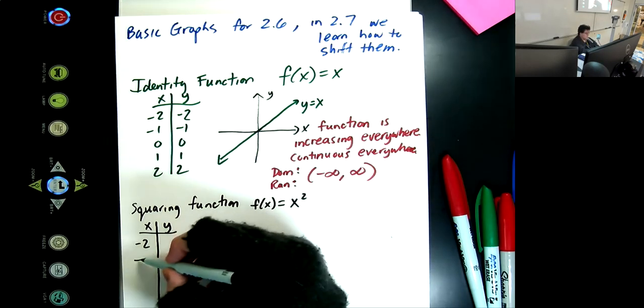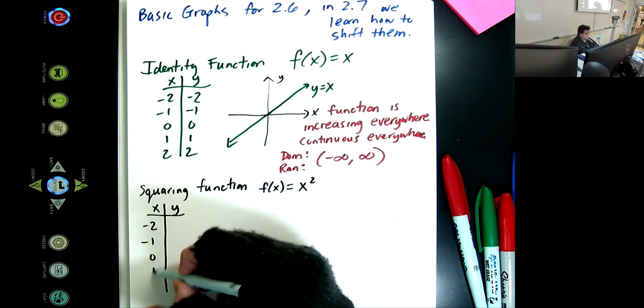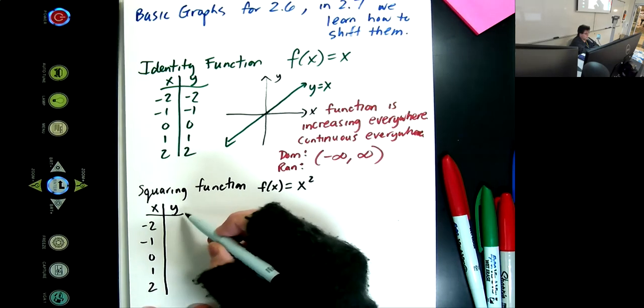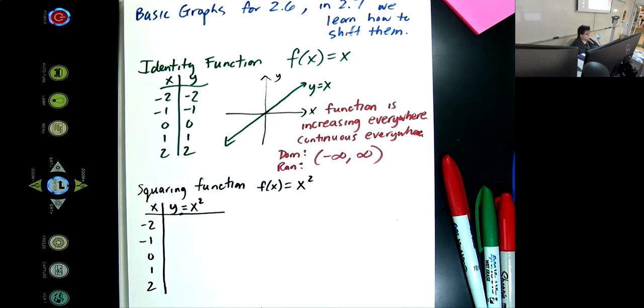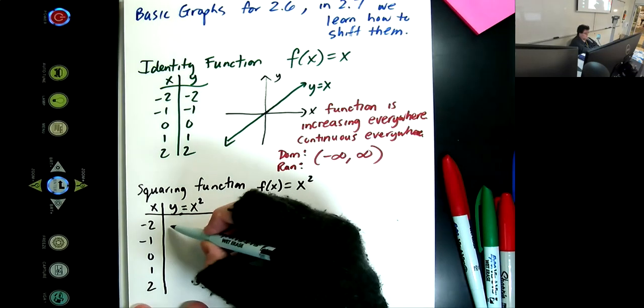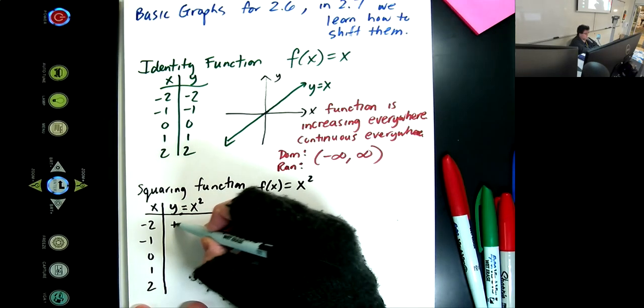Let's just stick in the same negative 2, negative 1, 0, 1, and 2 and see what happens. On each of these, I want to square it. If I square negative 2, I get positive 4.